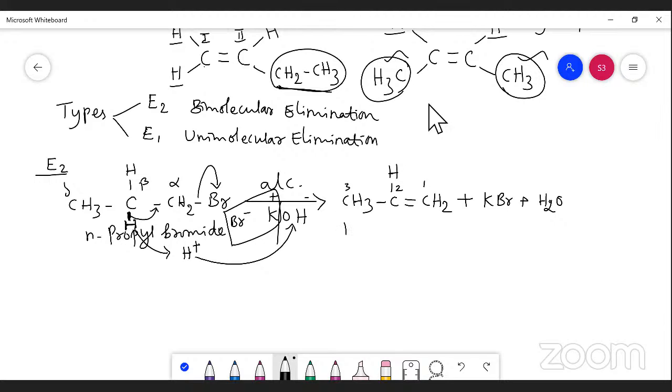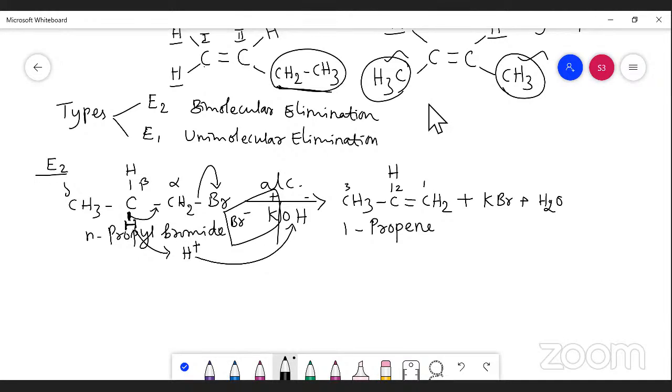So the root word for 3 carbons is prop, and for the double bond system, ene. Okay, 1-propene as a product. This is your E2 elimination pathway. What is elimination? The same condition we are going to apply here.